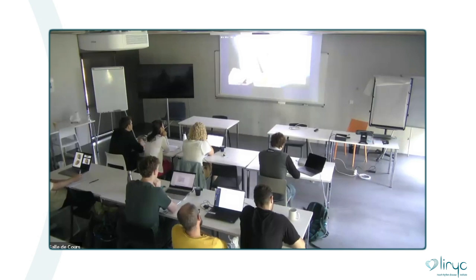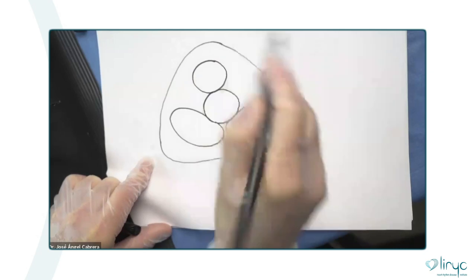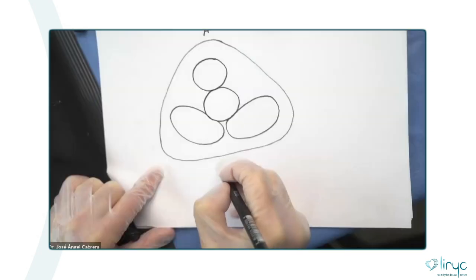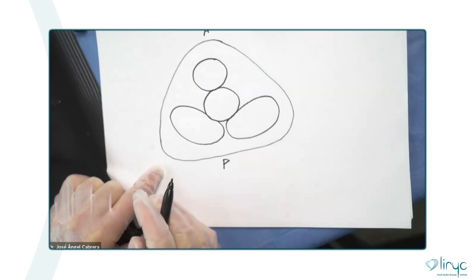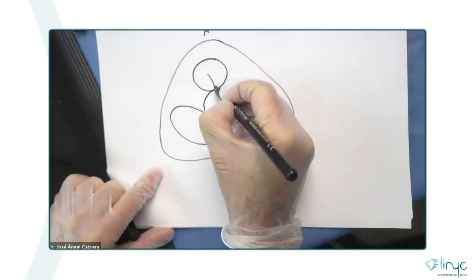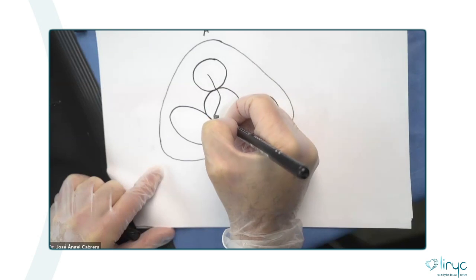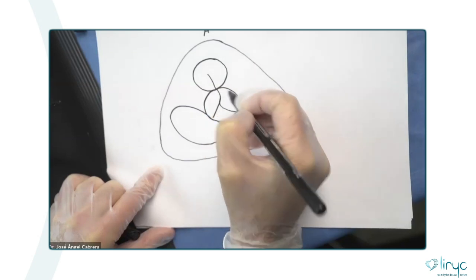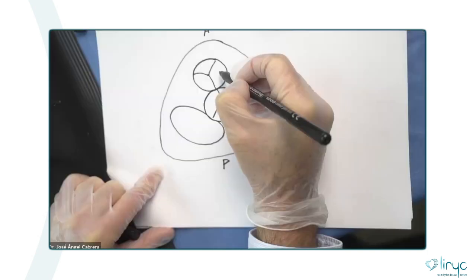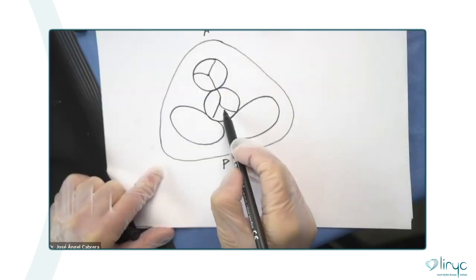And here you can see that this is anterior and this is posterior or inferior. Then here we have the pulmonary valve and the aortic valve.